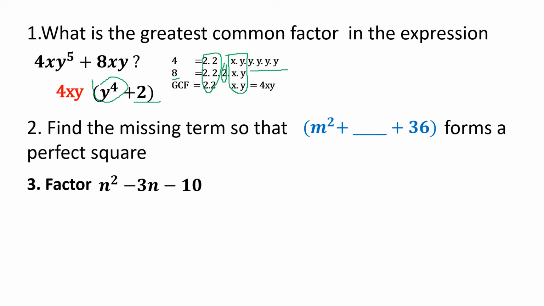For our next problem, we're going to find the missing term so that m squared plus blank plus 36 forms a perfect square. In this case, madali lamang po ang ating gagawin. Ang titingnan lamang po natin yung kanyang last term. Since perfect square naman po yun, sigurado po tayo na ang kanyang factor ng m squared is also m.